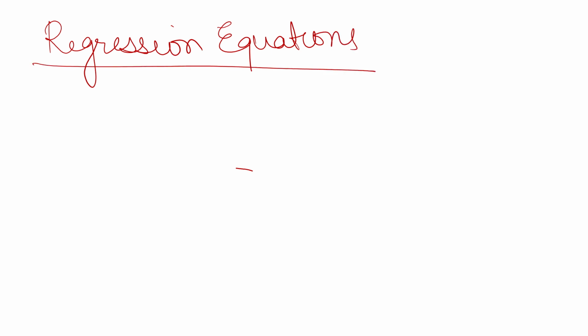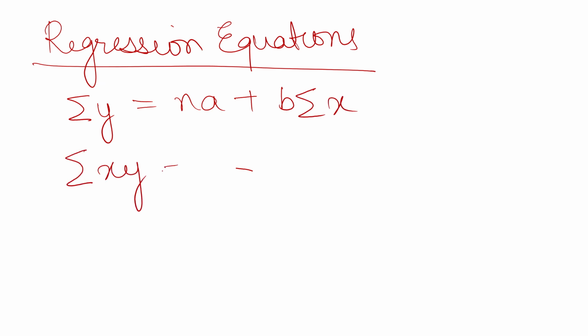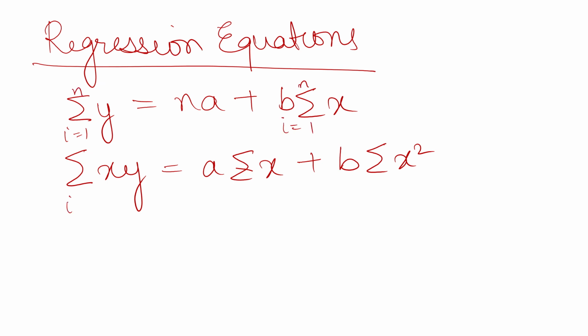So first of all, it is summation y is equal to na plus b summation x. Summation xy is equal to a summation x plus b summation x square, where i is equal to 1 to n.